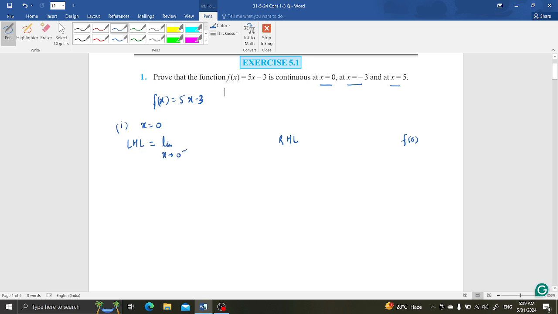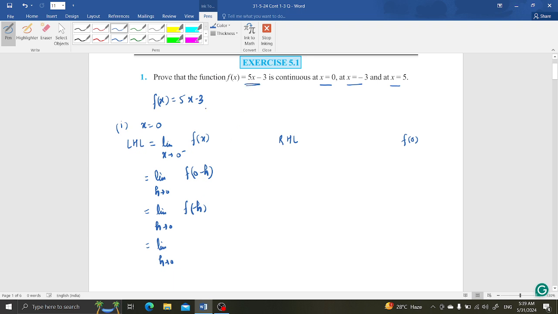x tends to 0 negative f of x, limit h tends to 0 f of 0 minus h, which is limit h tends to 0 f of minus h. What is f of minus h?